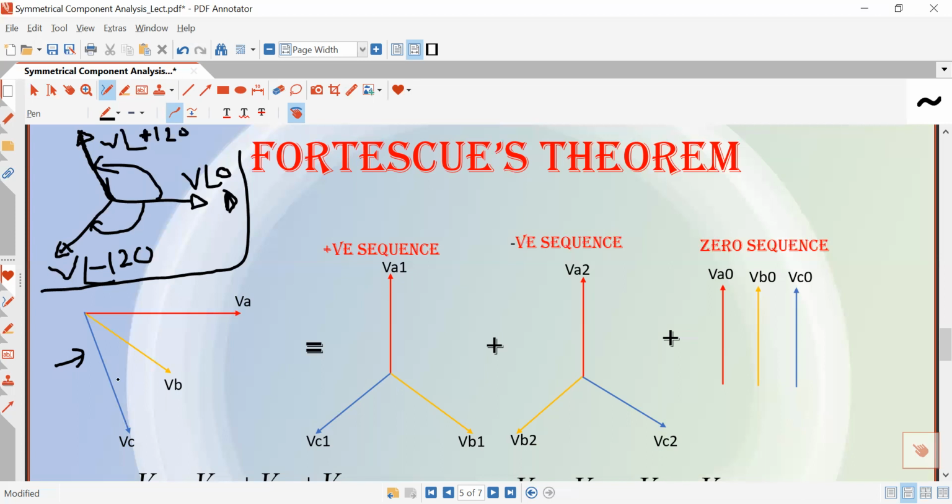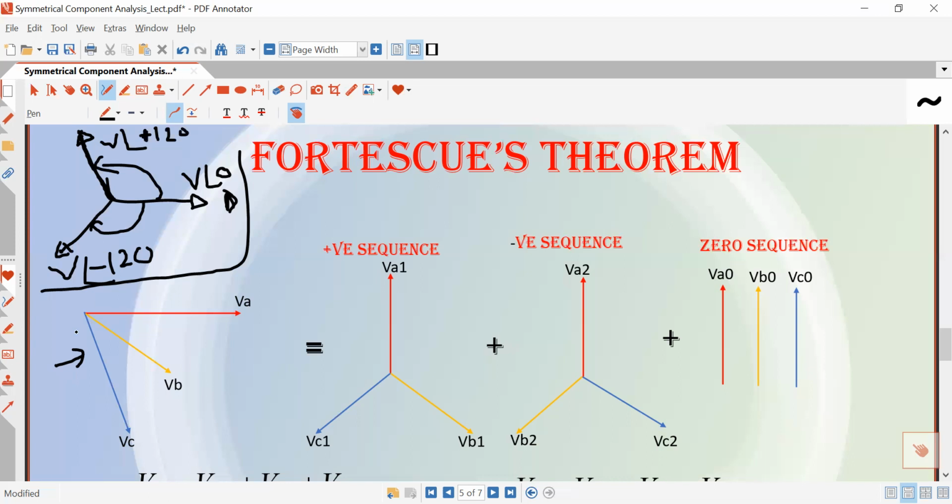Also, you can see the length of the vectors, shown in red, white and blue color, is not the same. The length represents the magnitude of the phase voltage, so the phase voltages differ from each other in this case. That is why this is an unbalanced system, or you can say unbalanced phasors.